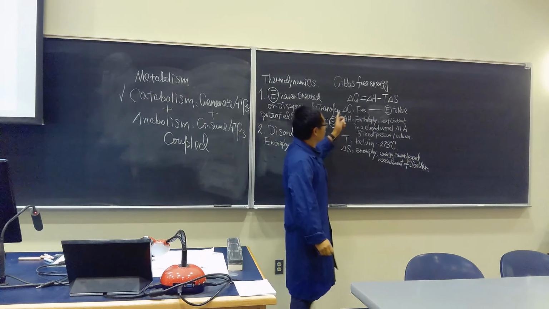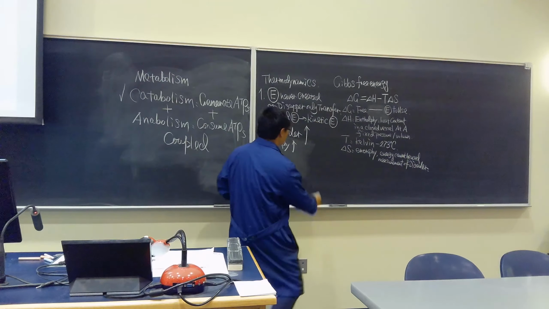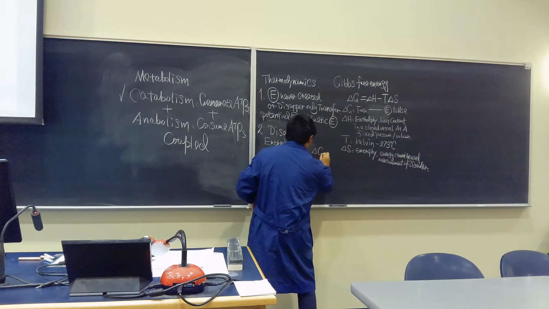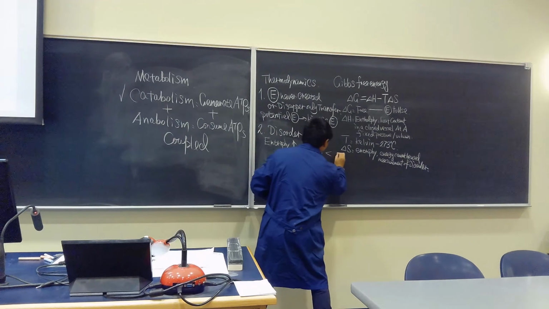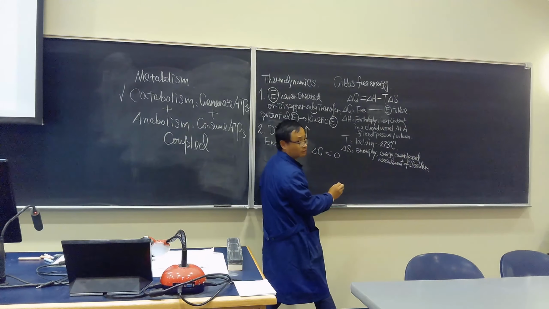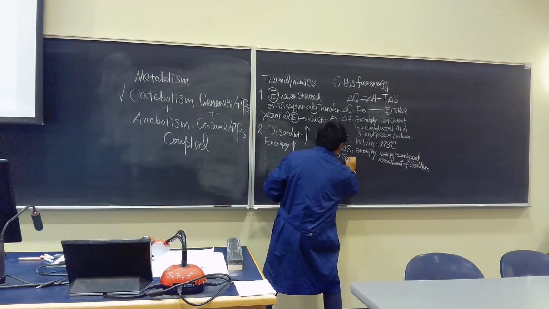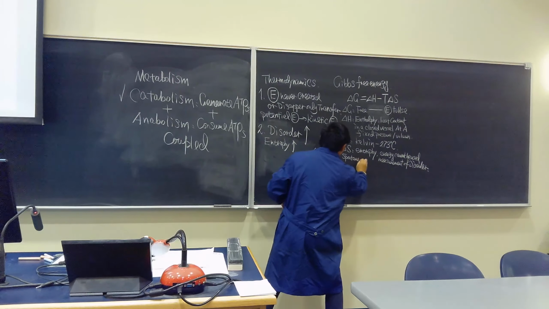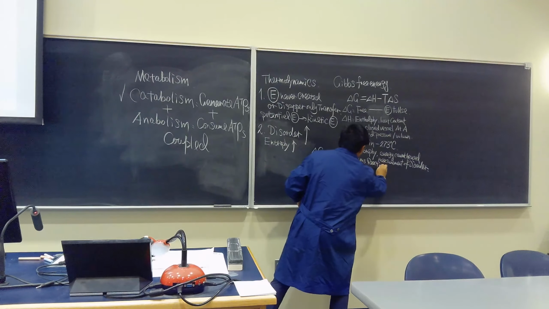Because of this Gibbs-free energy equation, people come out with three important conclusions, which means delta G, if it's less than 0, the biochemical reaction will spontaneously happen. So, spontaneous reaction will happen.